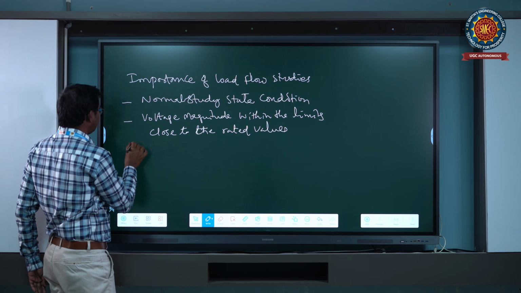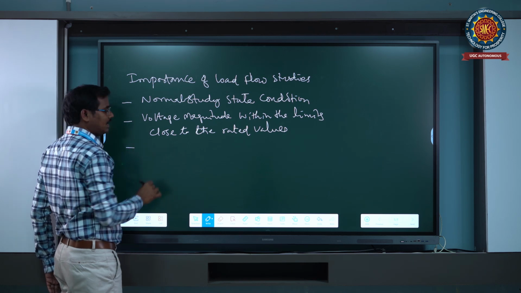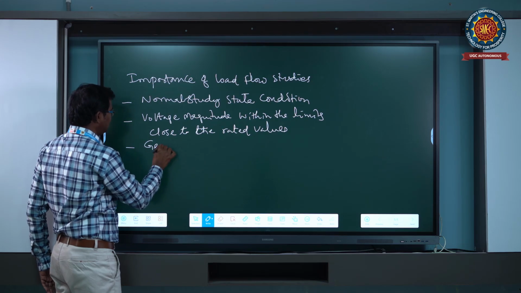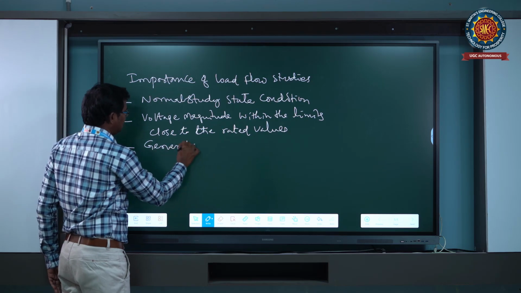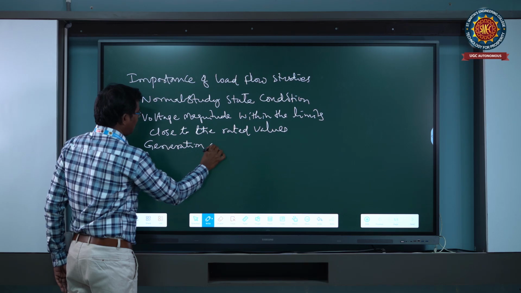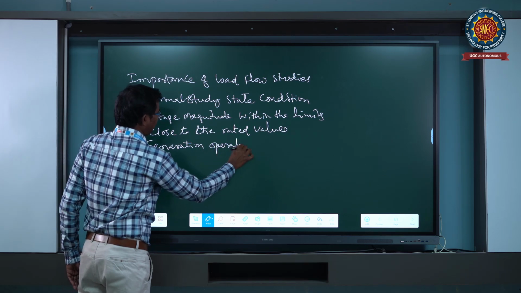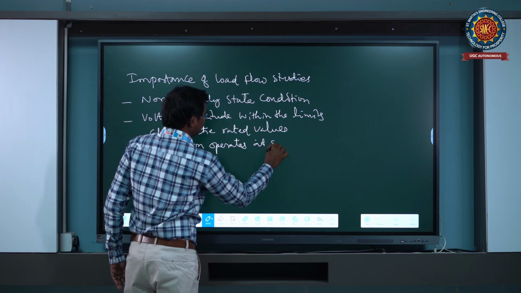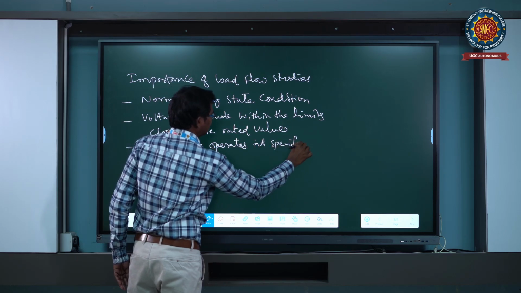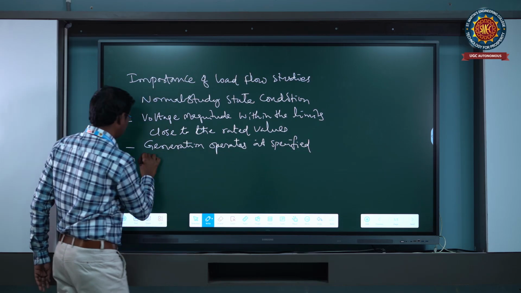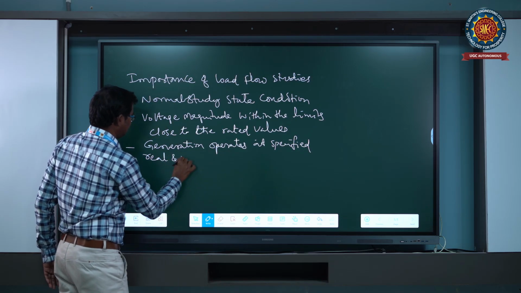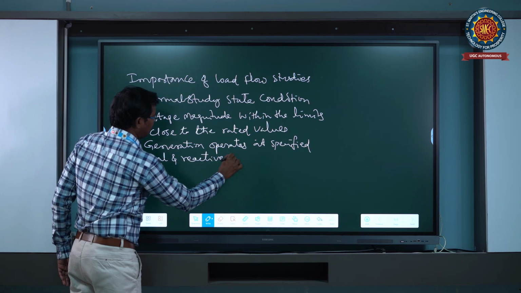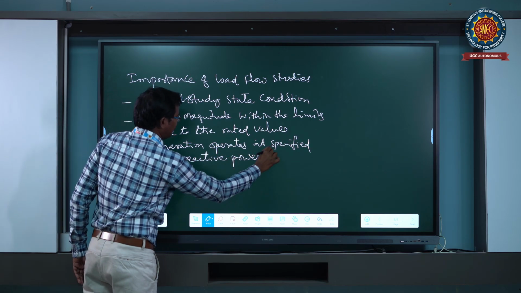The third one is that the specified generation operates at specified real and reactive power limits.